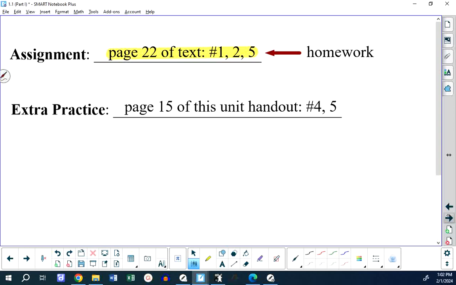I'll help you out, but I want you to try to do as much on your own. And then we're going to move on after that, probably not tomorrow, but on Monday. If you want extra practice, then on page 15 of your handout, there are a couple of other problems you can do if you want. You don't have to, okay? But those 3 problems are for homework.